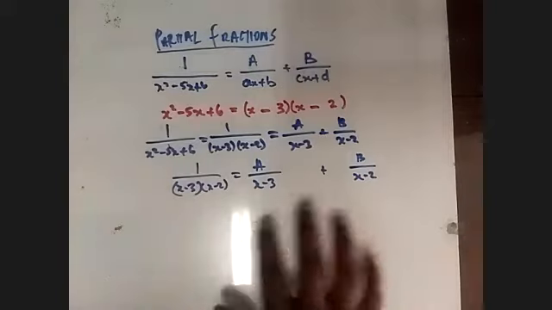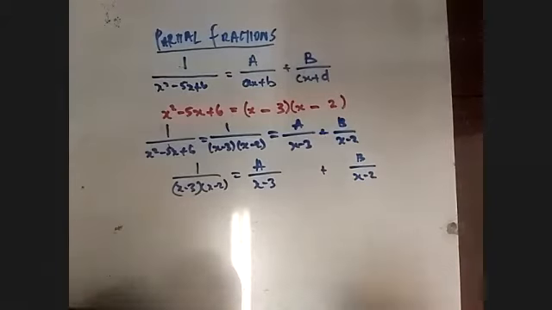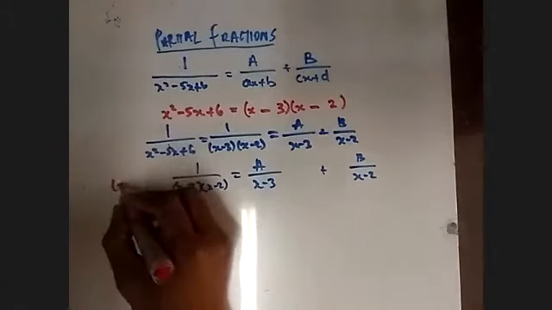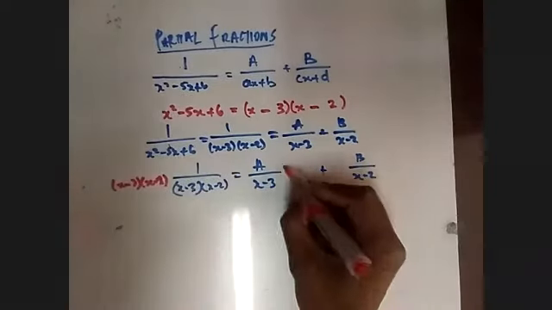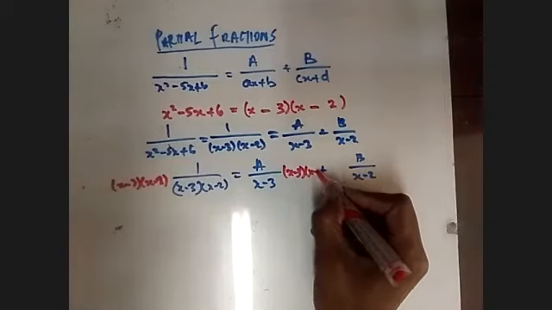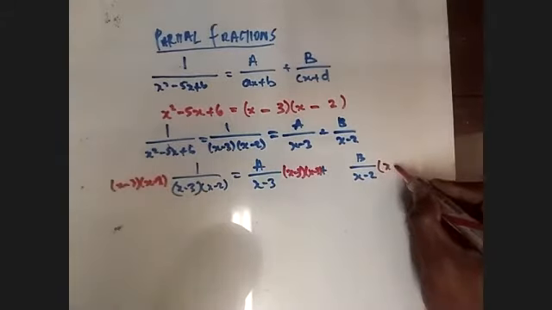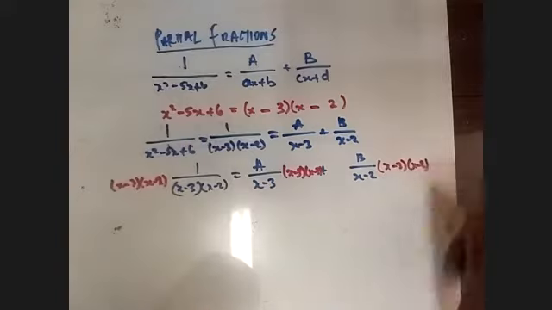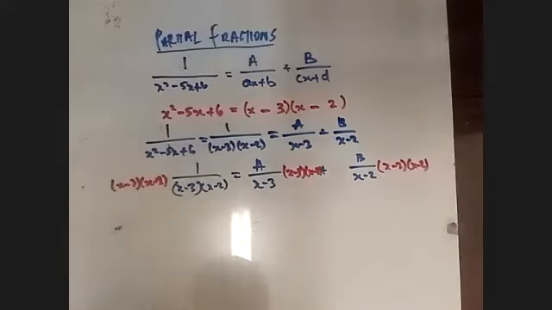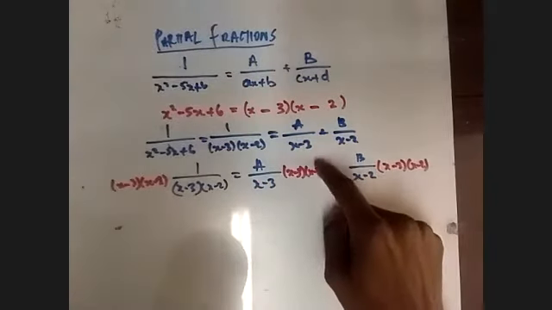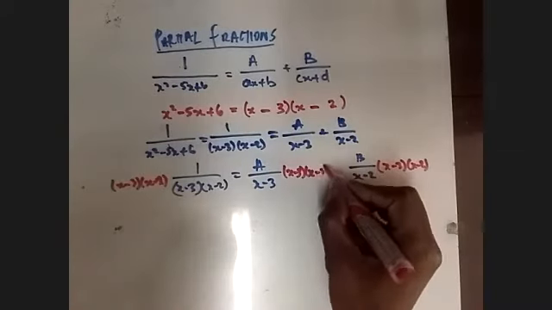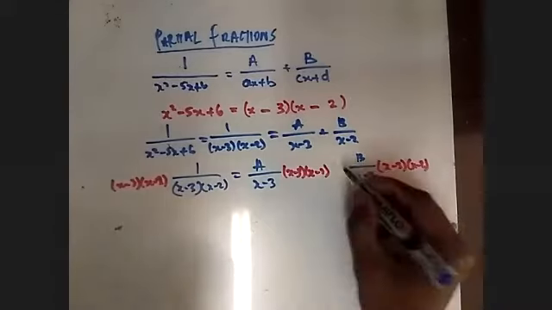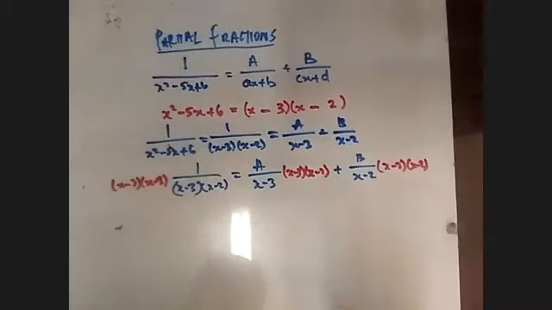The reason why I left so much space is I want us to multiply each and every term by x minus 3, x minus 2.